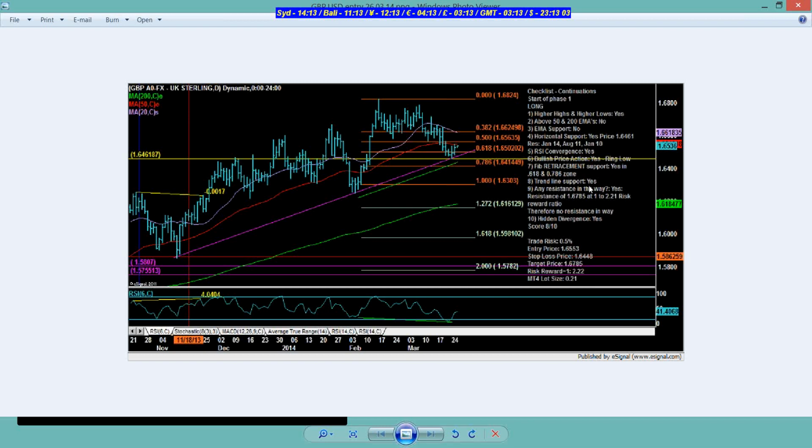In the zone. Trendline support, yes. Resistance. 1 to 2.2 risk reward, that's good. Cool. Hidden divergence, yes. All good. Fabulous.